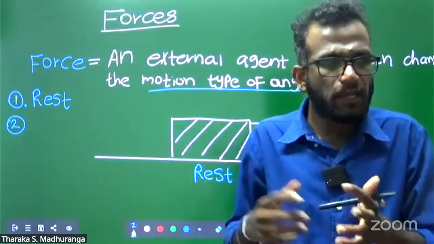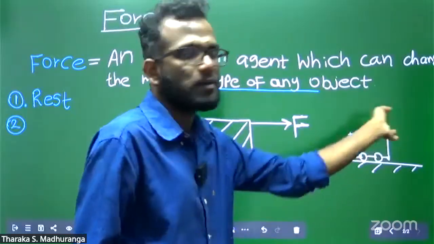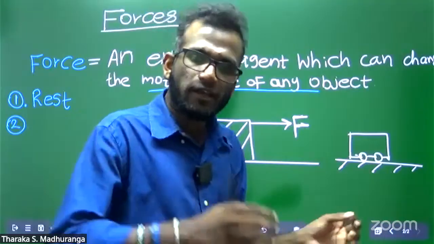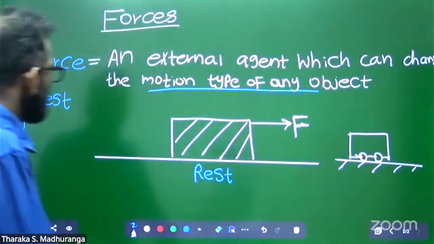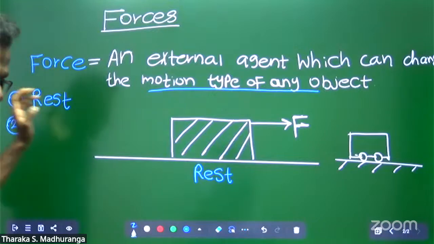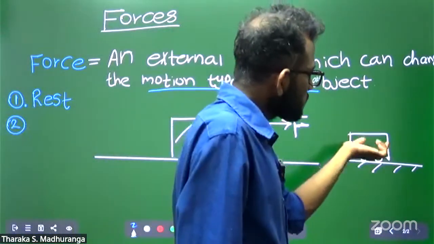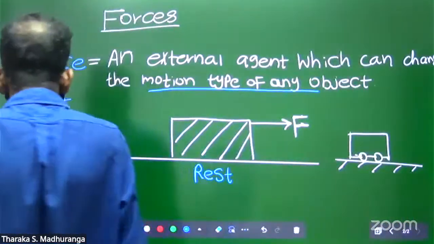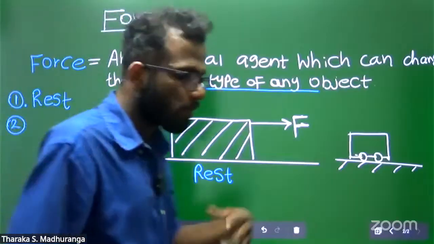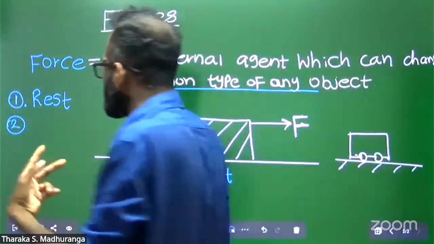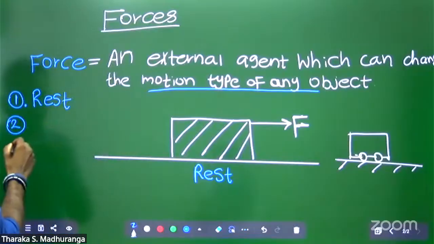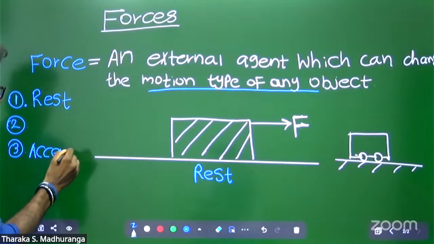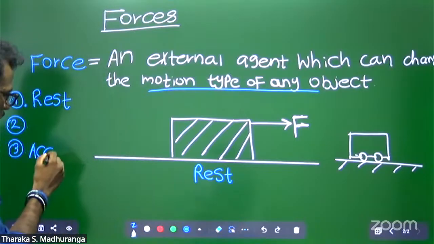The second motion type is, the bus starts, is put into first gear, then accelerates. That's the word, acceleration. Acceleration means with time the speed is increasing. We will discuss it later, don't worry. The second motion type of any object is acceleration.